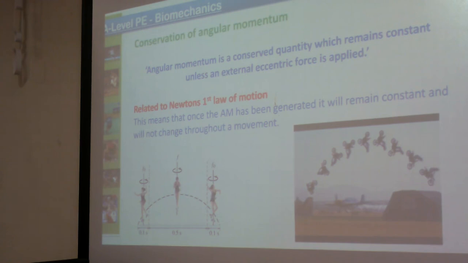By having an extended leg and extended arms, and then creating an eccentric force, what am I really increasing? Not yet. What am I increasing? What am I generating? Angular momentum. So the initial thing that I'm looking to generate is big momentum.